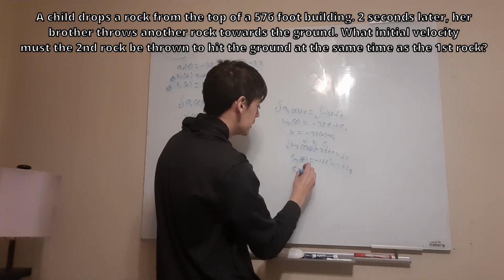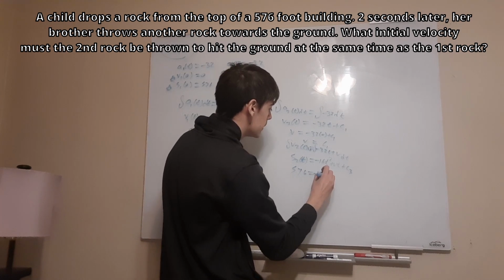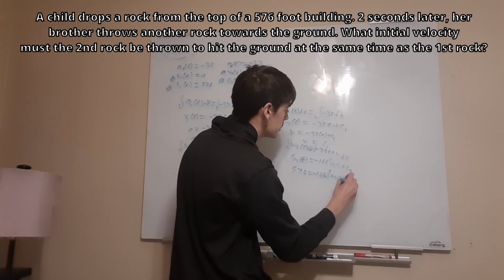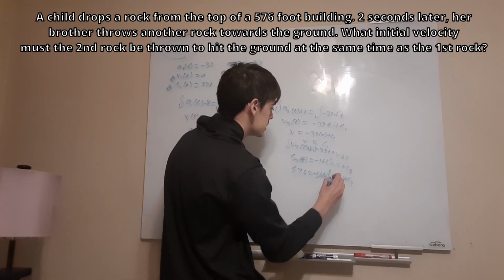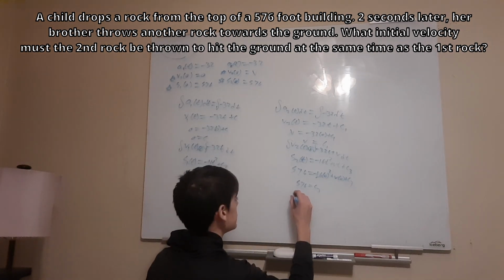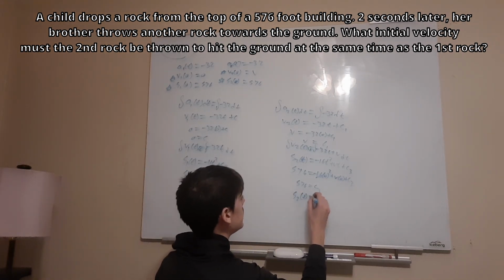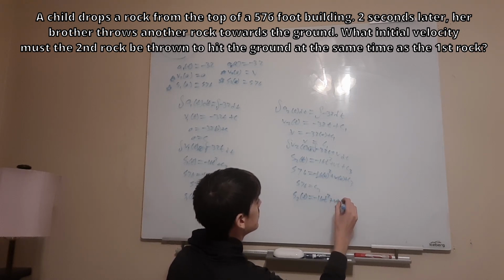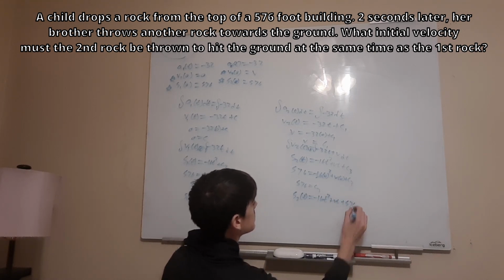So it's going to be basically the same thing as the first kid. So negative 16 times 0 squared plus v times 0 plus c3. These things with the zeros cancel. 576 equals c3. So that means s2 of t equals negative 16t squared plus vt plus 576.